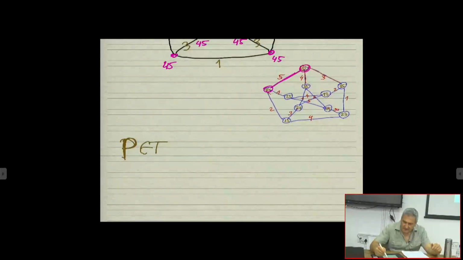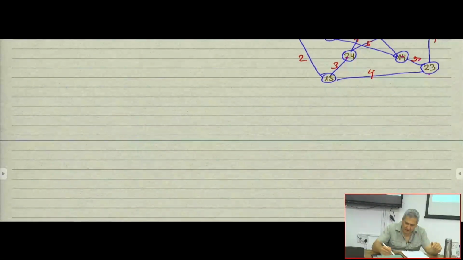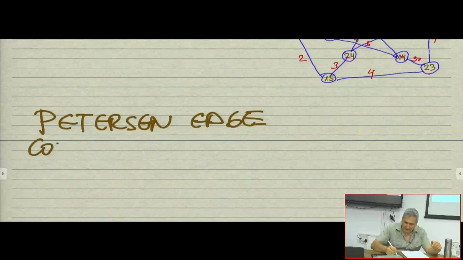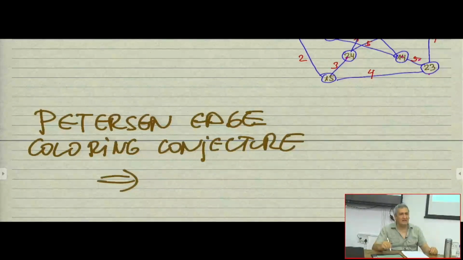The Petersen edge coloring conjecture easily implies the Fulkerson conjecture.